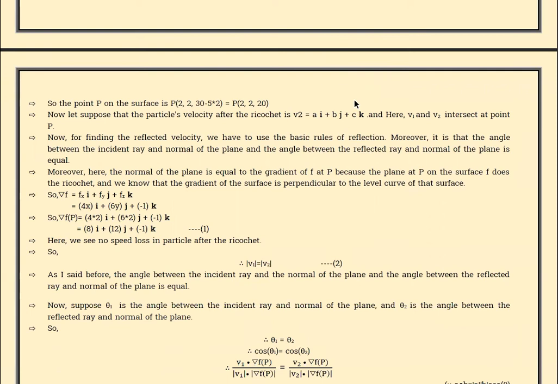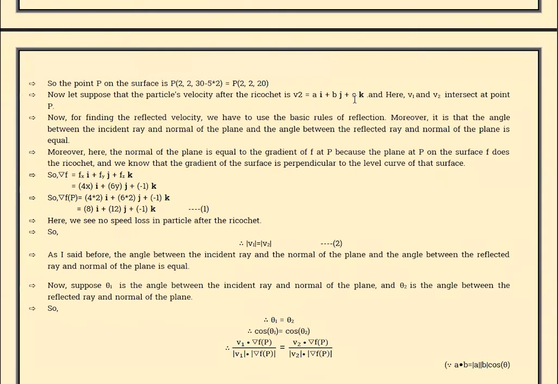Now, suppose that the velocity of the particle after reflection is ai plus bj plus ck, and v1 and v2 intersect at point P. For finding the reflected ray, we have to use the basic rules of reflection. We are also given that the angle between the incident ray and the normal of the plane, and the angle between the reflected ray and the normal, are equal.